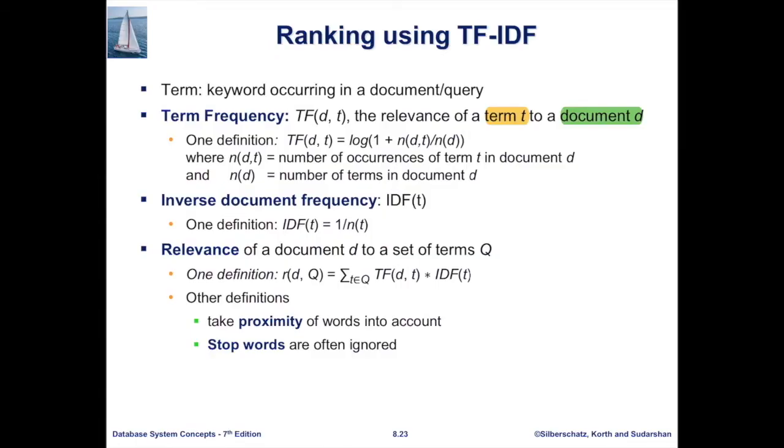We can compute the total frequency and the percentage of that frequency over all other terms in the document. That is n(d,t) over n(d). One definition of this puts it inside a logarithm just to get a lower value. But the idea is, the higher the number, the higher the relevance of the term t to a document d.